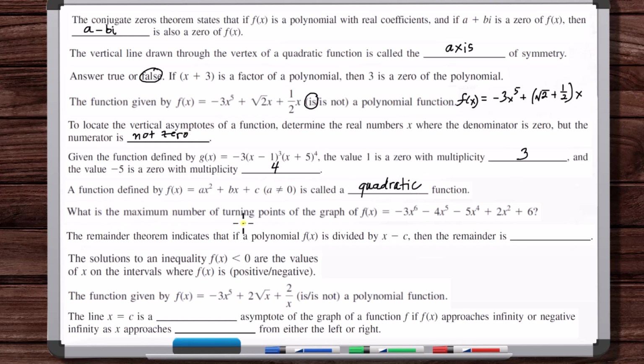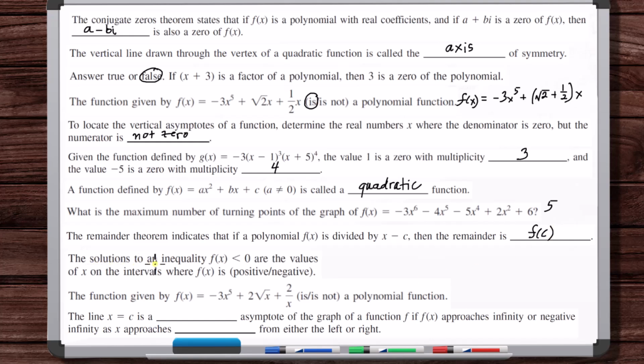What is the maximum number of turning points in this graph here? Well, it's going to be n minus 1, 5. That's the max. It doesn't mean this is going to have 5 turning points, but the max is 5. The remainder theorem indicates that if a polynomial, f of x, is divided by x minus c, the remainder is f of c.